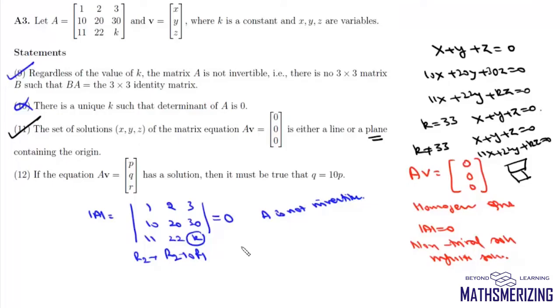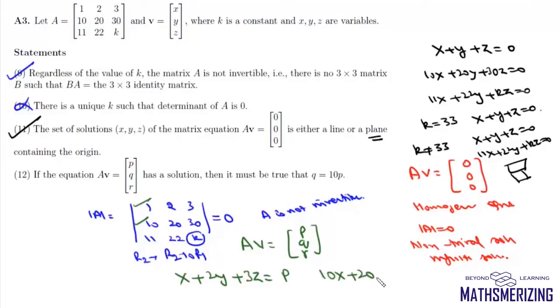Now this 12th one is, we are given this matrix equation AB equals PQR, and it says if it has a solution, then Q must be equal to 10P. Now if we write equations for the first two rows, then we get x plus 2y plus 3z equal to P, and from the second one we get 10x plus 20y plus 30z equal to Q. Now we multiply the first one with 10, and we get 10x plus 20y plus 30z equal to 10P.